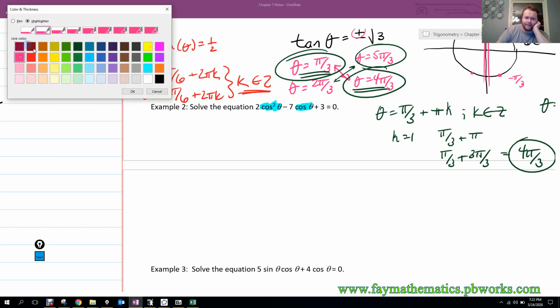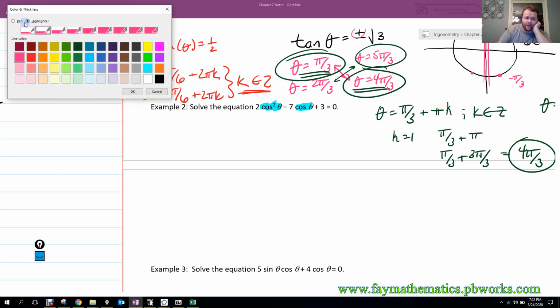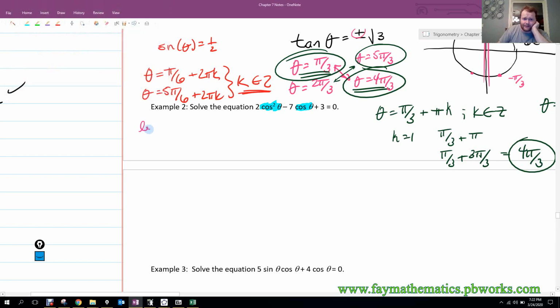Think about it this way. We can solve it this way, there's nothing wrong with doing it this way. But if I let cosine theta equal u, this thing would be 2u squared minus 7u plus 3 equals 0.